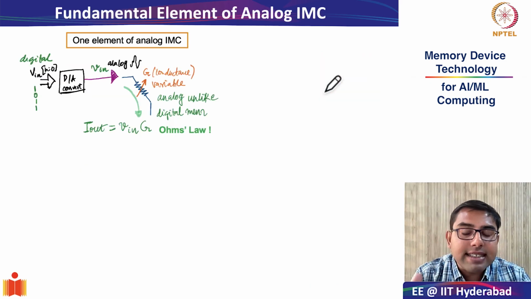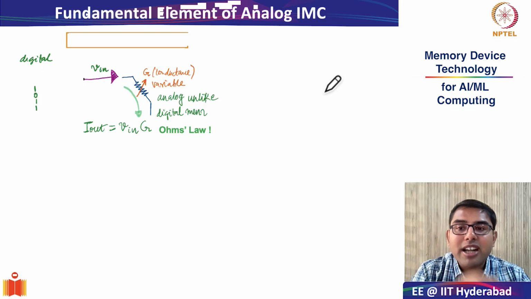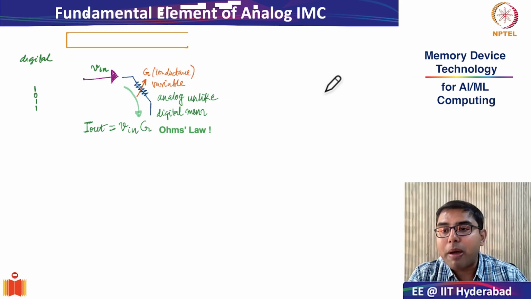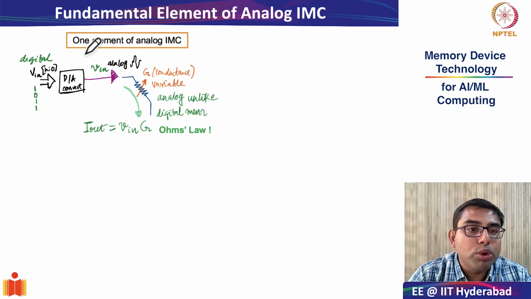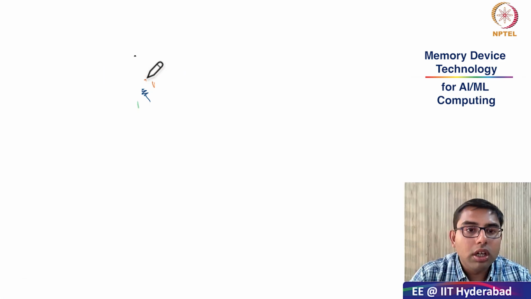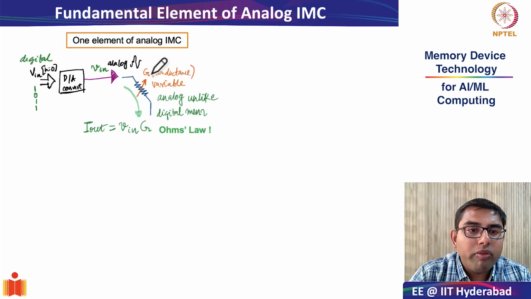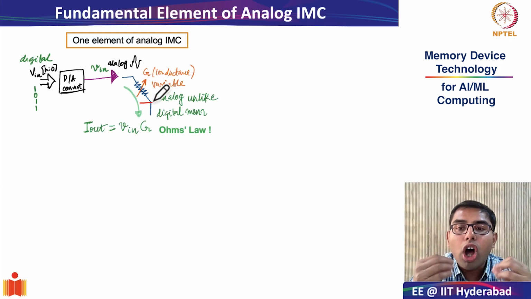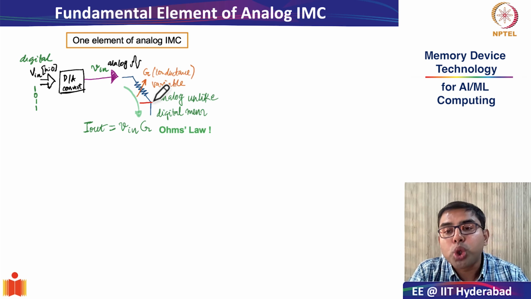So let us understand first the fundamental building block of analog in-memory computing, which you see right over here. Here the memory cell which I have shown is not a cell which just stores a binary 0 or 1.